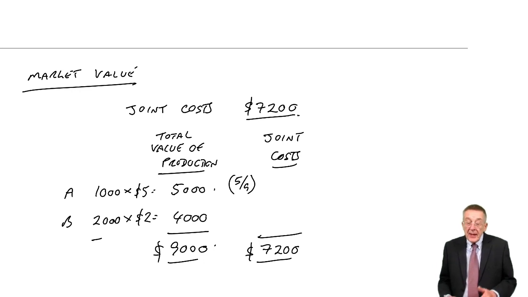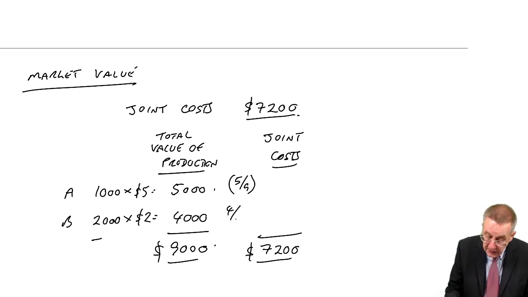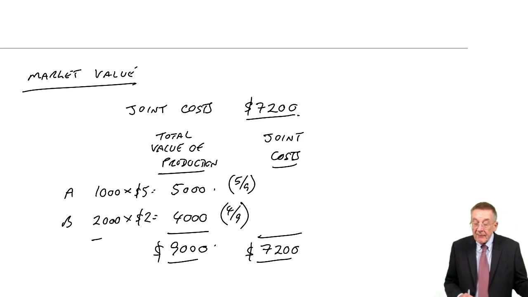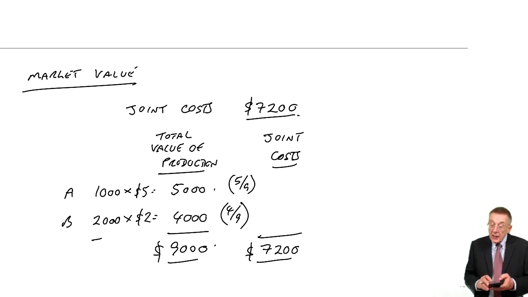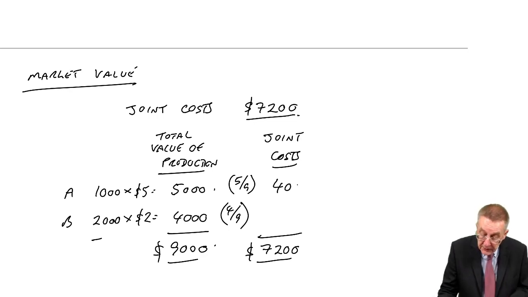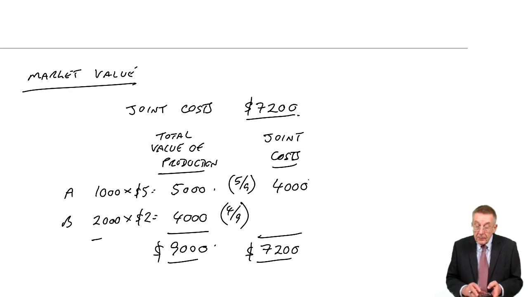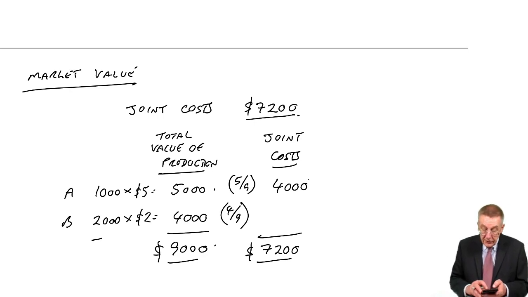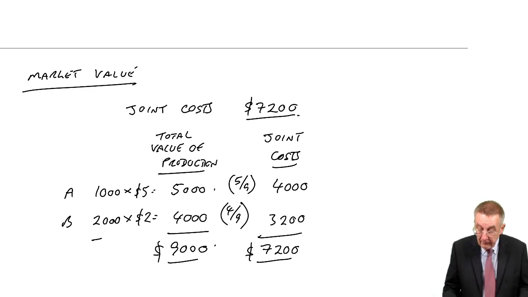And similarly B, the production has a value of 4 out of a total of 9. And so the joint costs to A will go 4,000, to B 4/9 of 7,200.